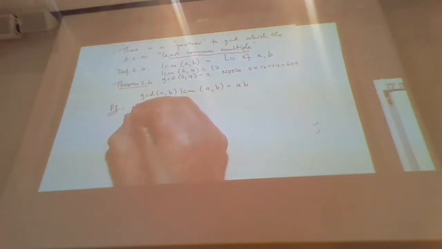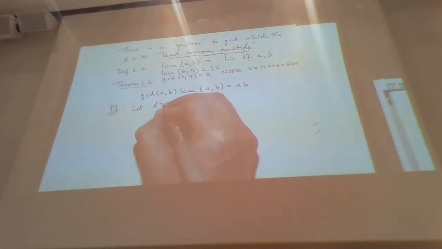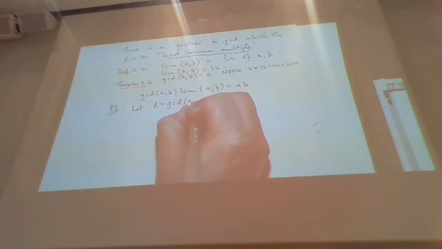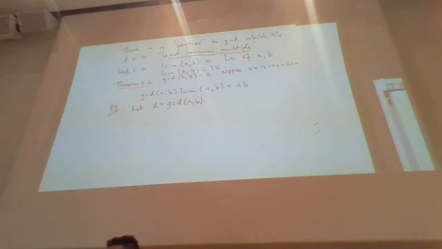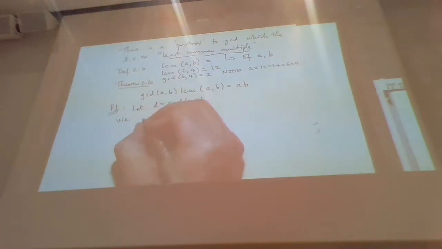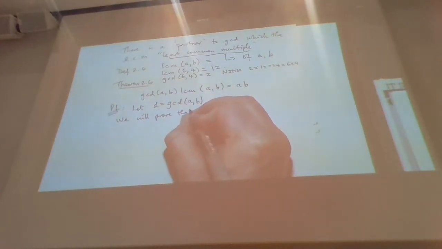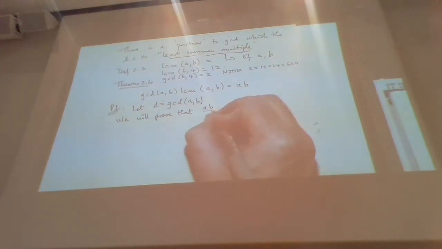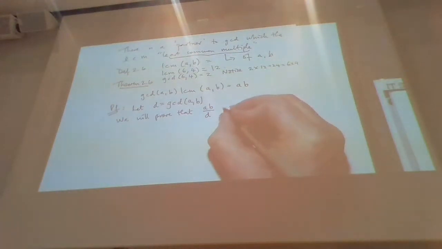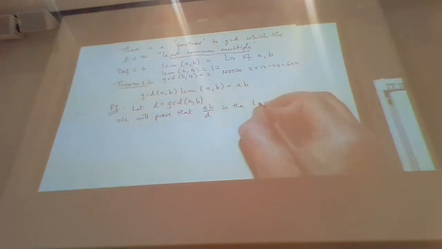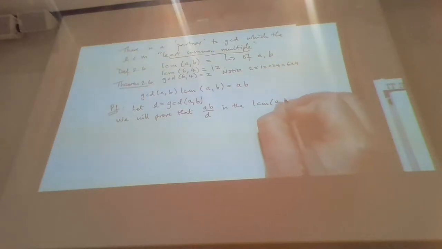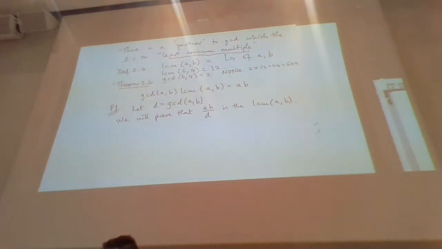Let D equal the GCD of A, B, just to save us writing it all the time. The way the proof works is we will prove that the integer AB divided by D is the LCM of A, B. And that will prove the result.